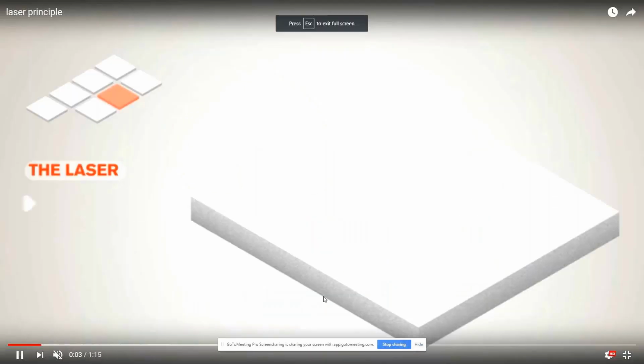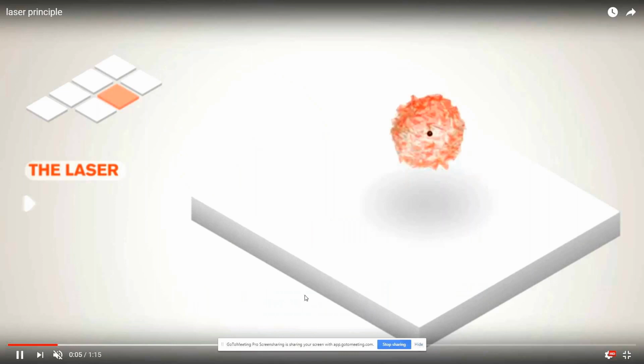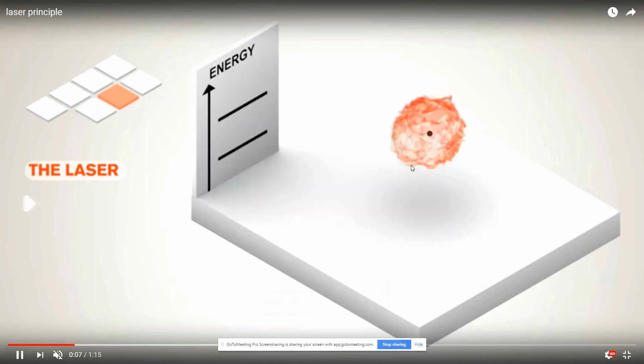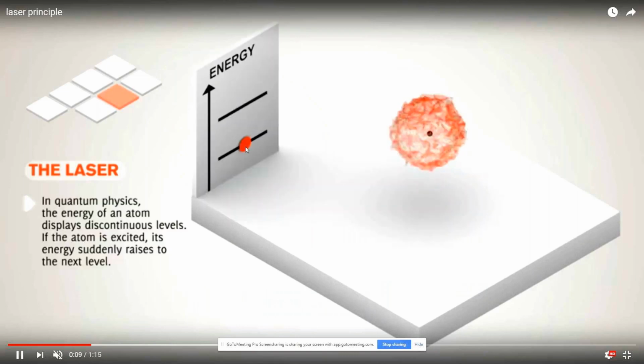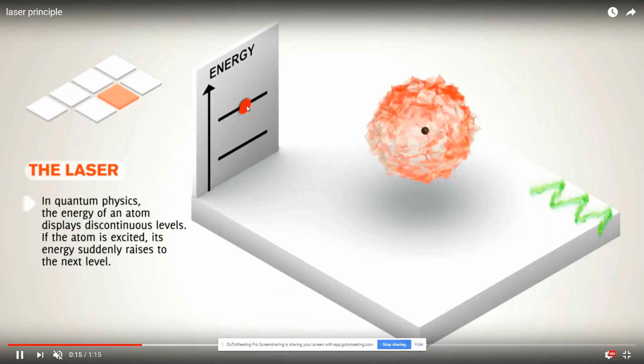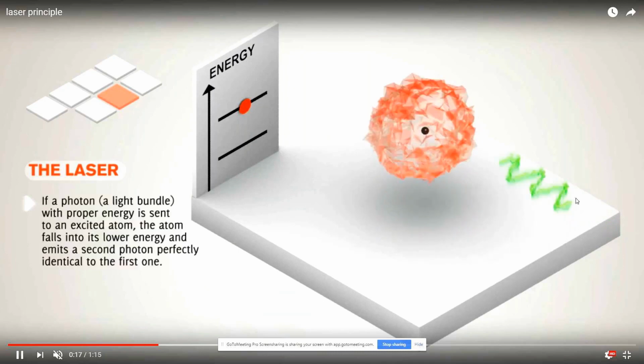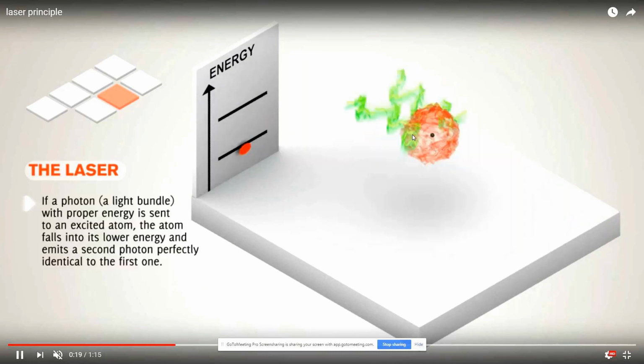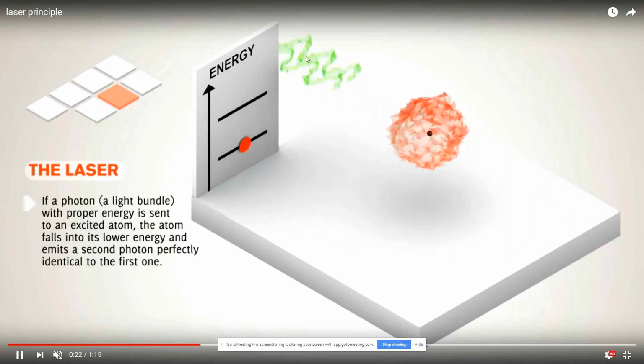So here you see this is the atom that is excited. So the electron is moving to the upper level, and here gets excited, and this is a spontaneous photon that hits this, and then it generates another one. This is a stimulated emission.